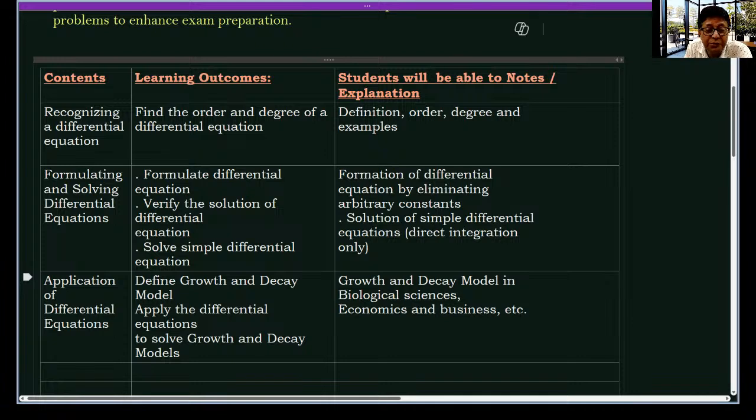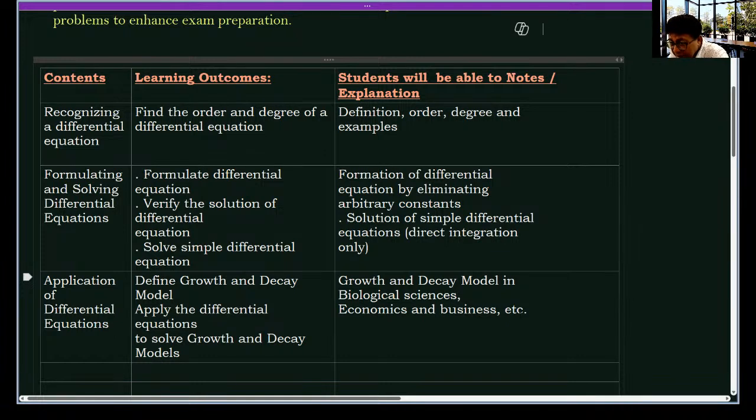This is due to, see, population growth is a biological process. You agree or not? The growth of bacteria in a culture is a biological process. And in economics, growth of money, that is application in economics. In business, same, economics and business we cannot distinguish.